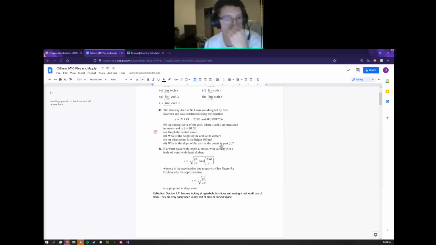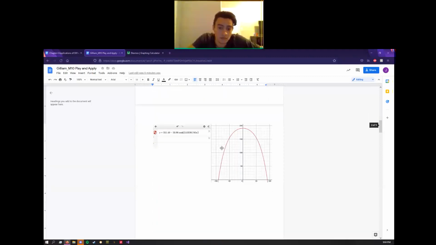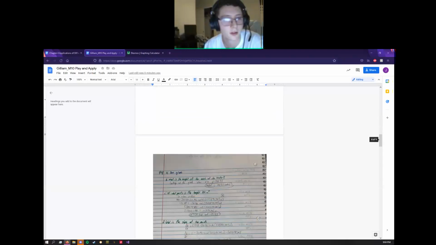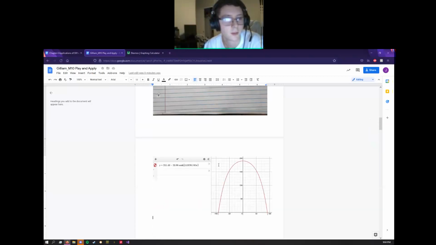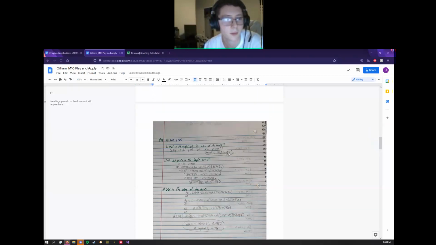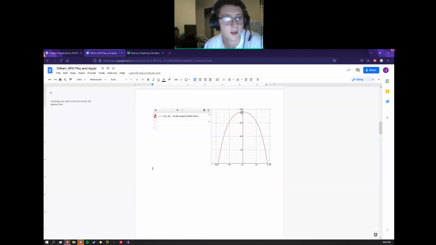I did 48, same as you. I guess we both did the whole graph on Desmos. I just showed my little screenshot of it. Then for the height, you can plug x as 0 into it and you'll get 190. Let's look at the top point.